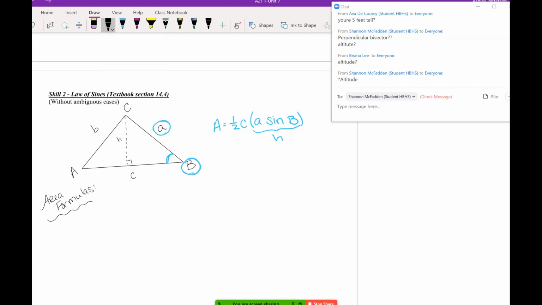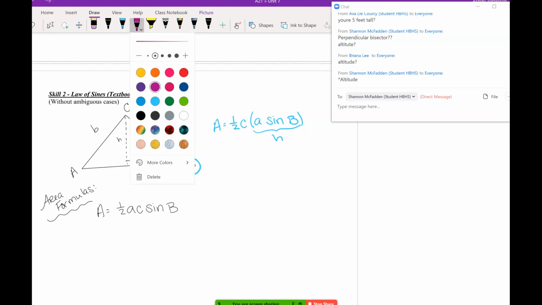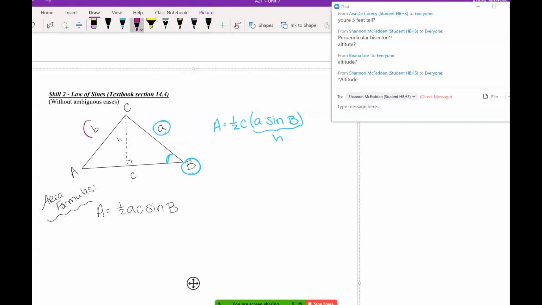Okay, so to rearrange it just a little bit, I'm going to say 1/2 AC times the sine of big B, just to write it in alphabetical order. Now let's say, okay, we weren't given angle B. Hey, no problem. What if we're given little b and angle A? Well, okay.